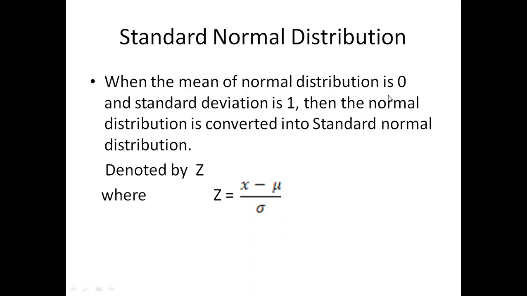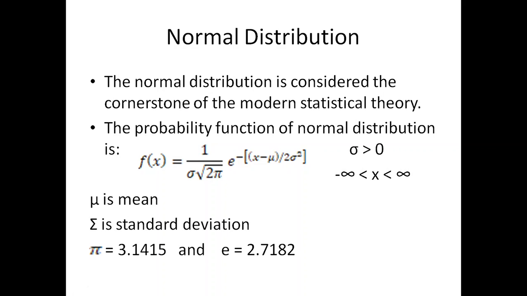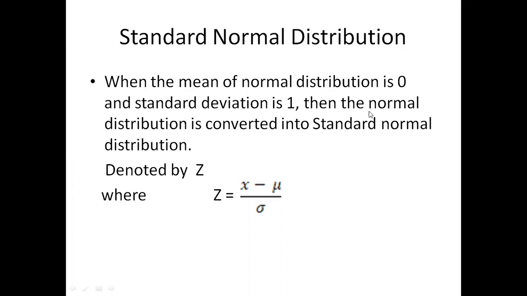When the mean, mu, of the normal distribution becomes 0 and the standard deviation becomes 1, then the normal distribution is converted into the standard normal distribution, denoted by z. z is the standard normal variable, x is the normal variable. This is the formula for z: if you subtract mu from x and divide the answer by sigma, it is converted into z.